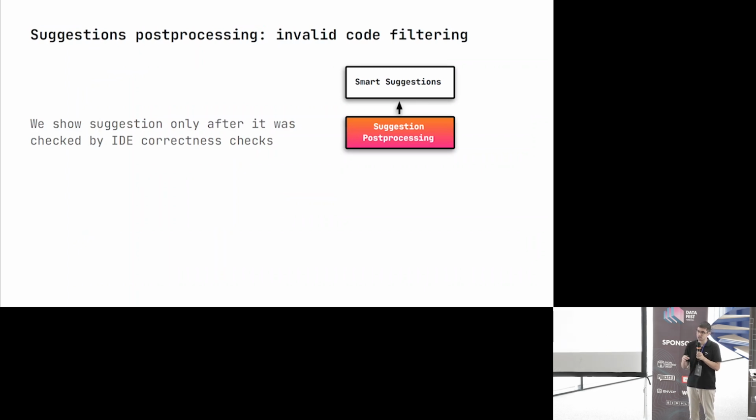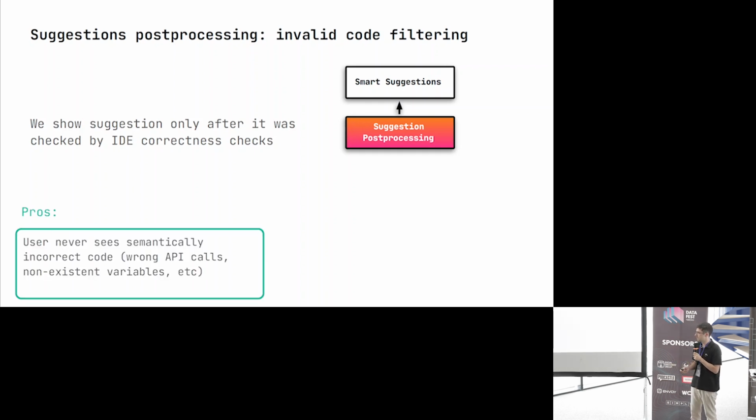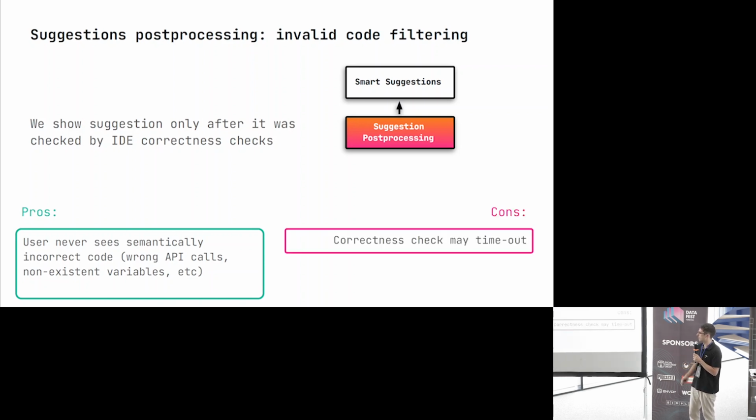We show the suggestion only after it was checked by IDE correctness checks, which means that the user will never see semantically incorrect code in full-line code completion. There will be no wrong API calls, non-existent methods, non-existent variables, etc. However, there are some downsides of this approach, and let's discuss them.